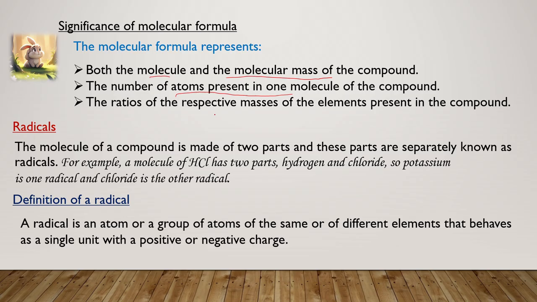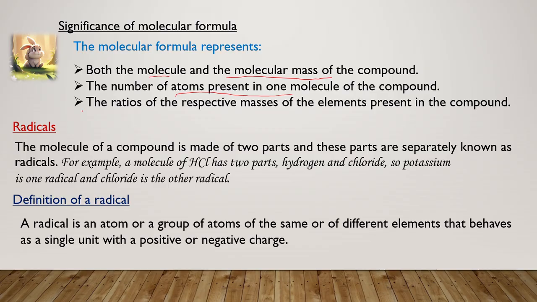There also we can understand which are the different atoms and how many of them are there. Then the ratios of the respective mass of the elements present in the compound. We can compare the ratios also, isn't it? So these are the three important points that you should keep in mind about the significance of molecular formula. All these are the basics of chemistry, so remember it well, study it well.